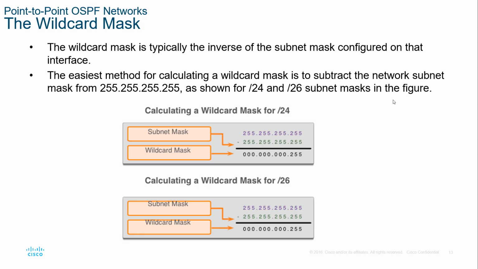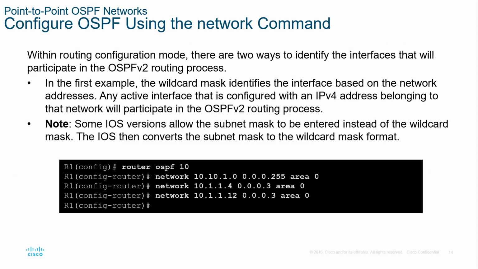If we're talking a /26, that would basically take the 26 ones, and the remaining would be 6 zeros. You flip all the ones to zeros, you flip all the zeros to ones, and that would be your inverse. Again, inverse is just a clever way of saying take your subnet, and the opposite of the subnet would be your inverse or your wildcard. And that is how we get our network and wildcard masks.